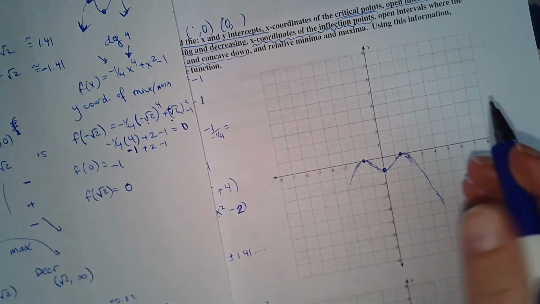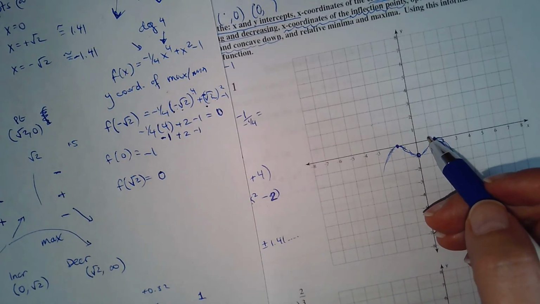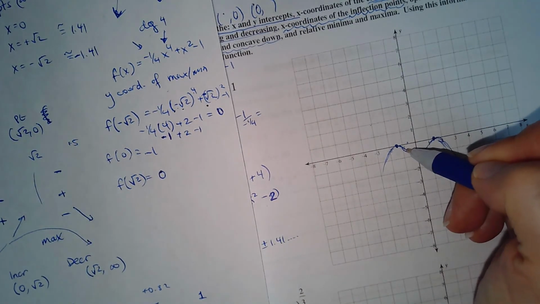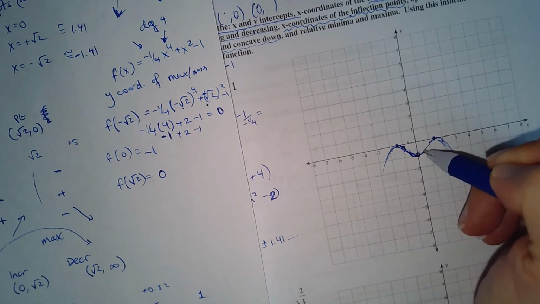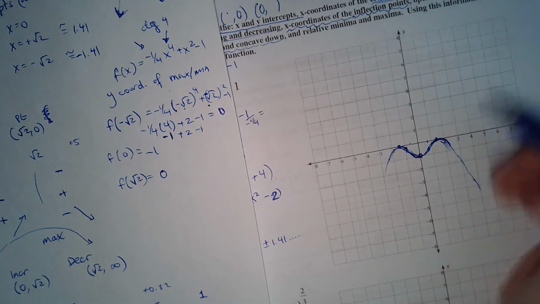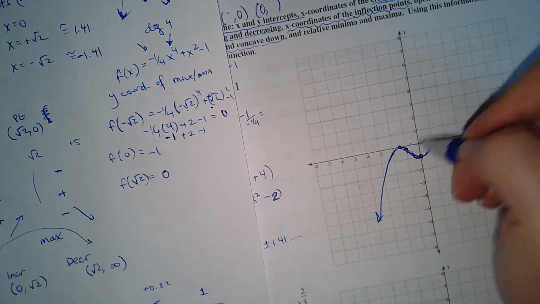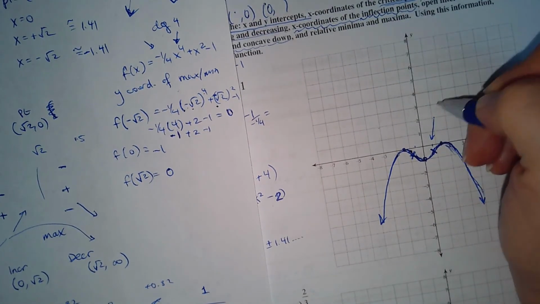Okay. And we know that this part, till we get to negative 0.82, so somewhere around there, we're going to be concave down. So this part is concave down, and this part should be concave up. And then again on this side, concave down. And the whole thing continues to be concave down, and here it continues. So notice that here we have an inflection point, right? That's what we found by the second derivative.